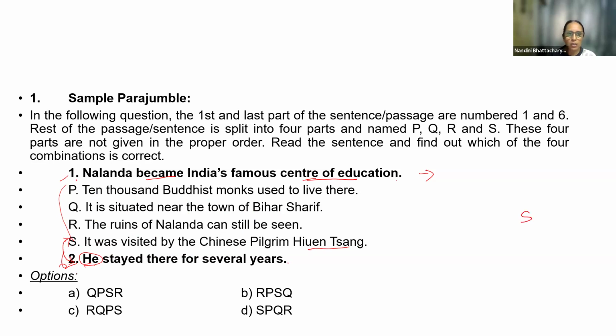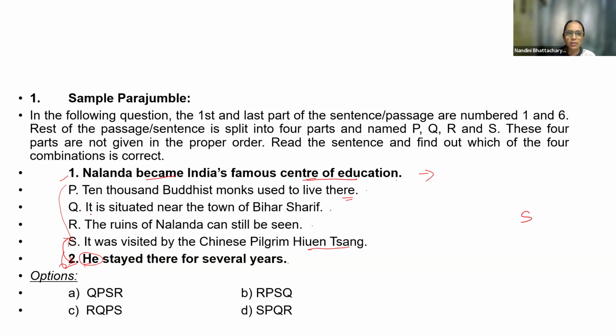Now we have to put the others in order. Now, 10,000 Buddhist monks used to live there. It is situated near the town of Bihar Sharif. The ruins of Nalanda can still be seen.